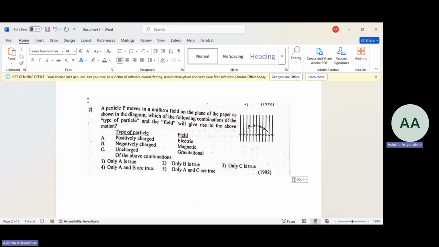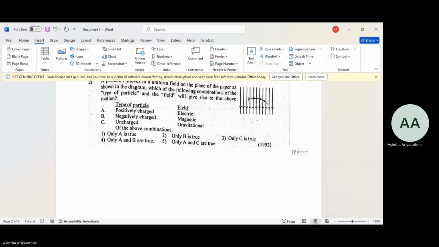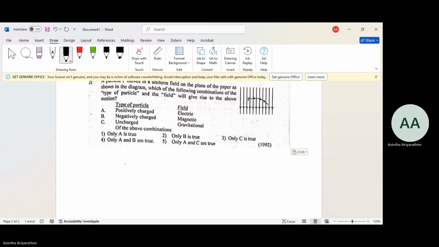Type of particle and field. So A: positive charge and electric field. Right, so could A be true? If it is an electric field acting downward, with a positive charge, then what would happen?